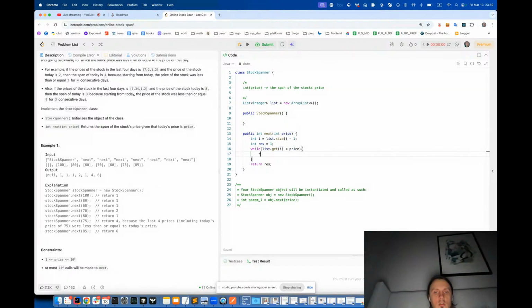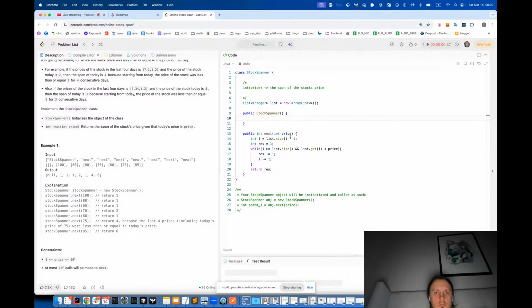We can just increment our result by 1 and decrement I by 1. And we are going while I is greater or equal to the size. So we have this next, and that's it.